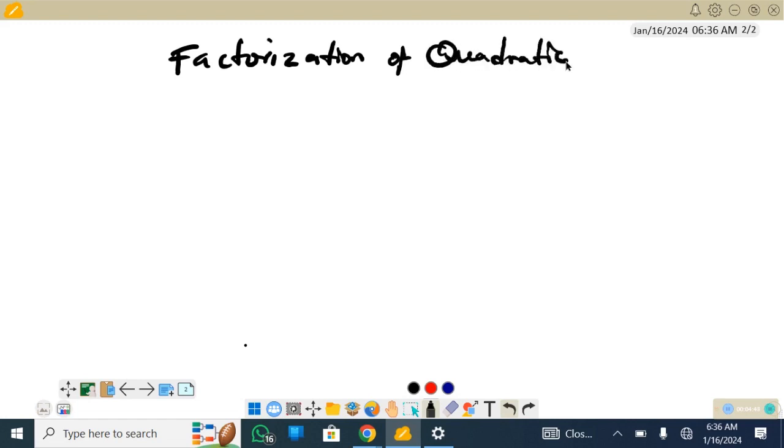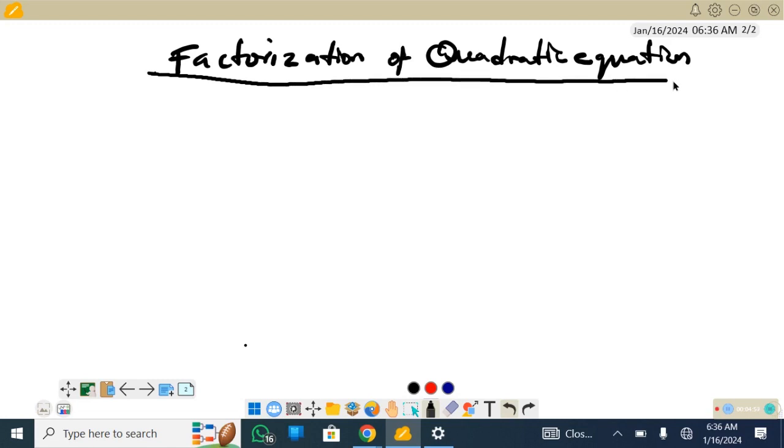Okay, so now let us move to factorization of quadratic equation. Just the way that we did in factorization of quadratic expression, we are going to take some steps.